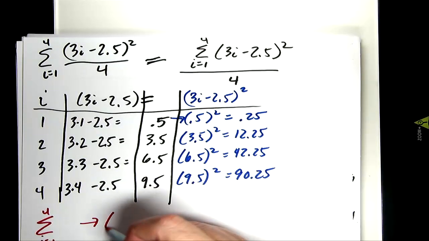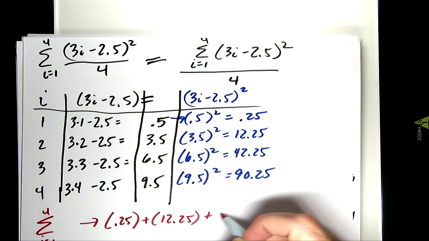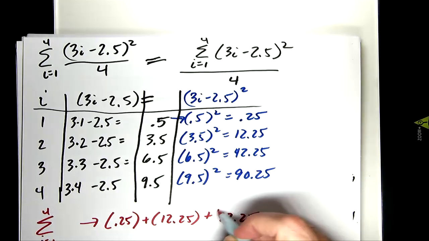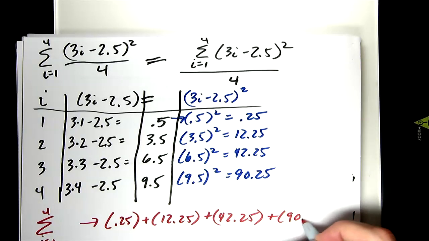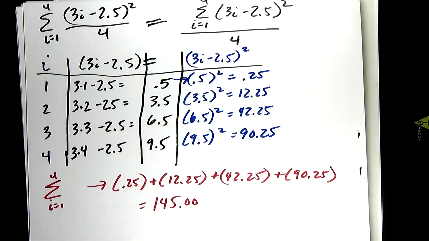So we're going to add 0.25 plus 12.25 plus 42.25 plus 90.25. I think that's 145. I try and do that in my head. Yep, 145.